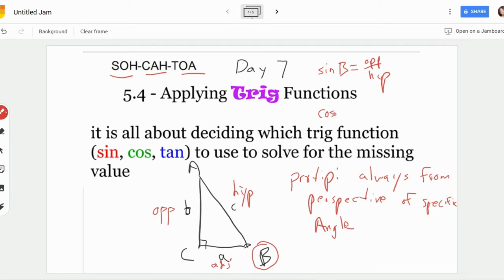Cosine of B, from that angle's perspective, is adjacent over hypotenuse. And then tangent of B is opposite over adjacent.